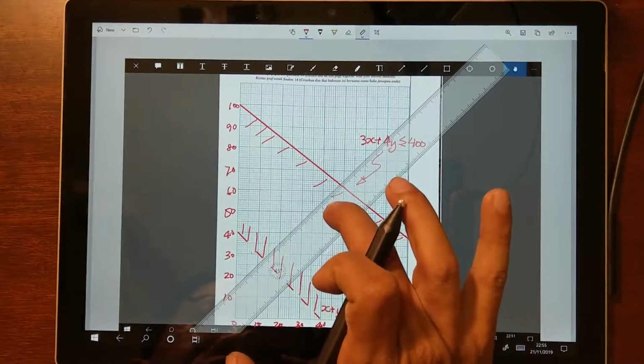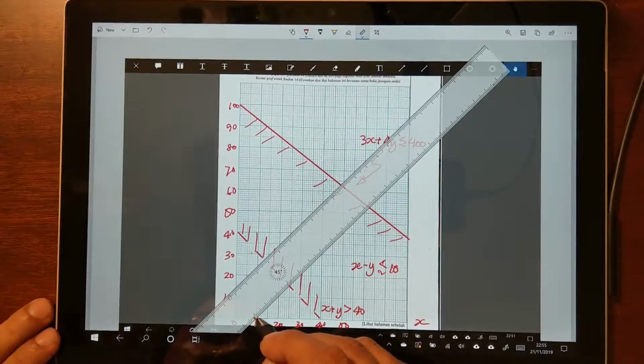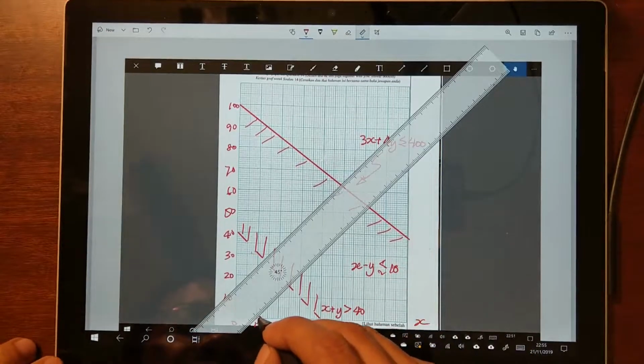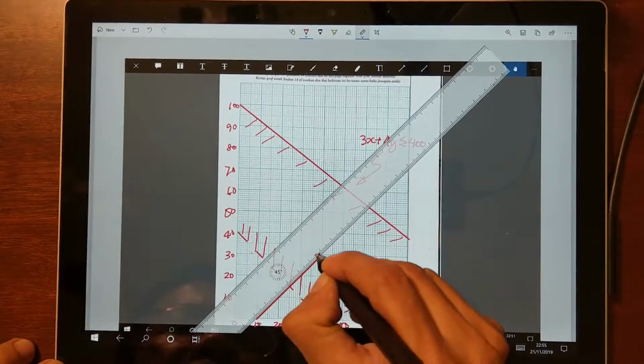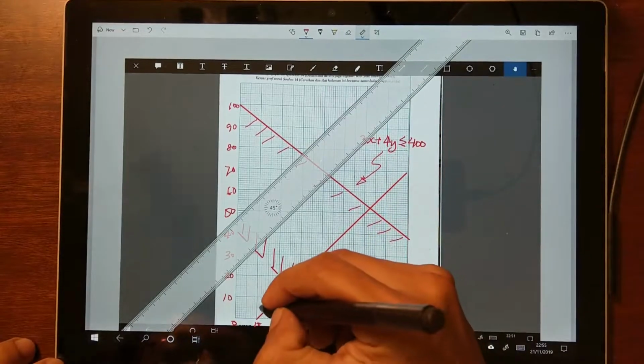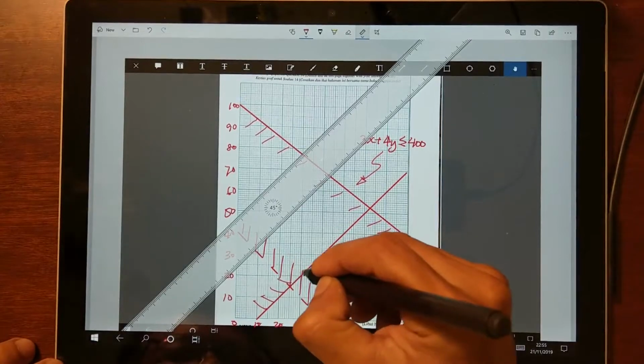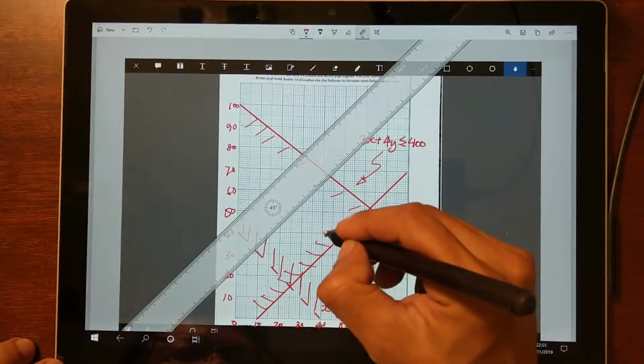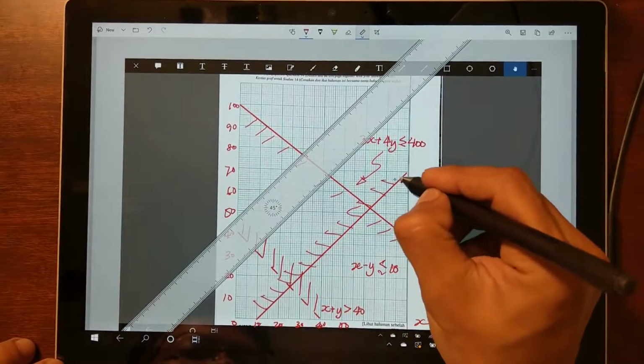Let's see if we can get this right. It intersects the x-axis right here, and it's less than or equal to, so it's a solid line. How nice. So that's y greater than or equal to x minus 10.